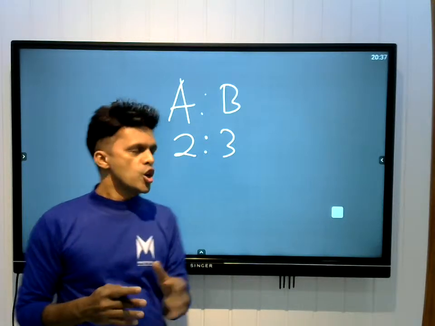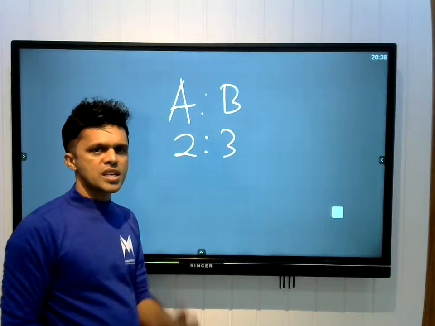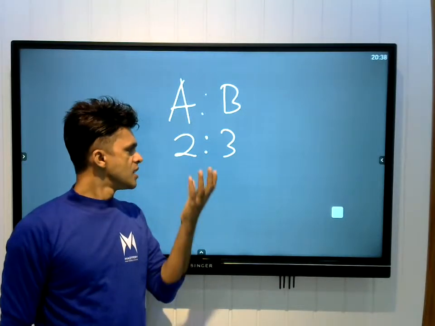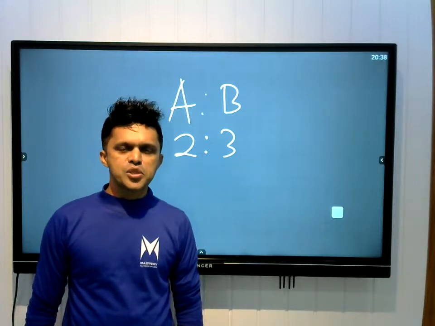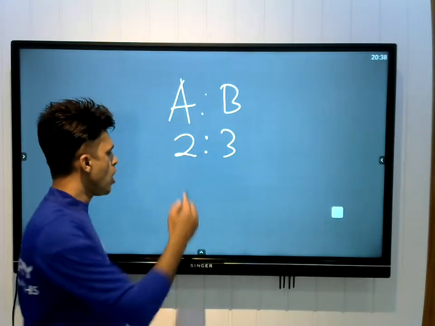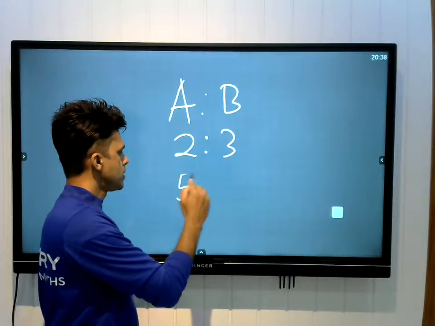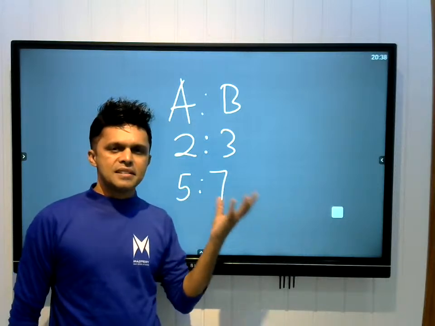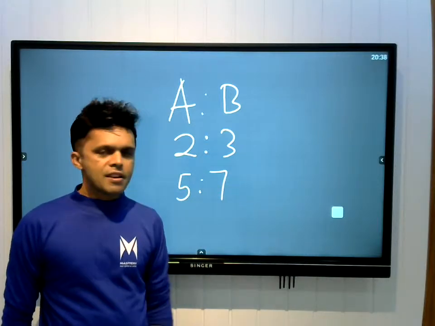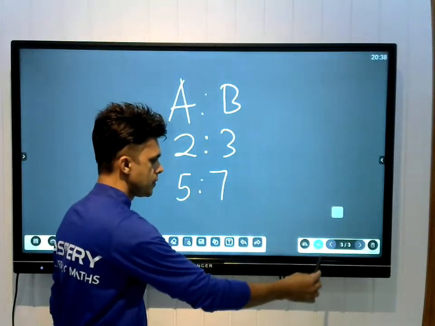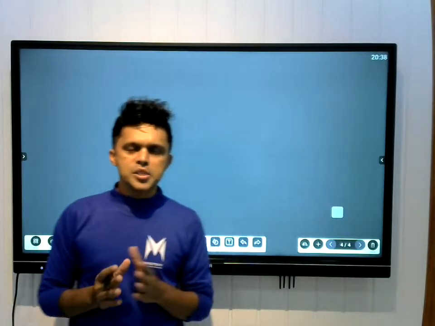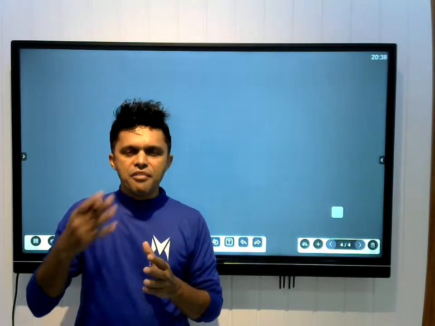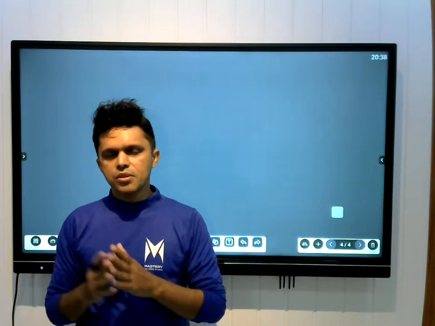This is read as the ratio 2 to 3. So how can you read this one? The ratio 5 to 7. Then we understood what a ratio is and also the way of reading a ratio.